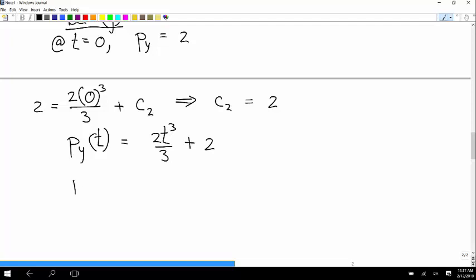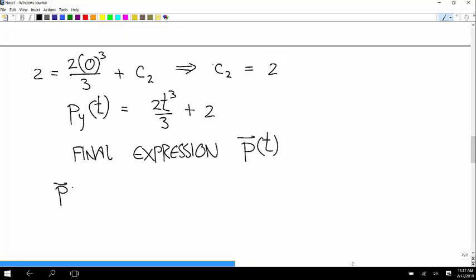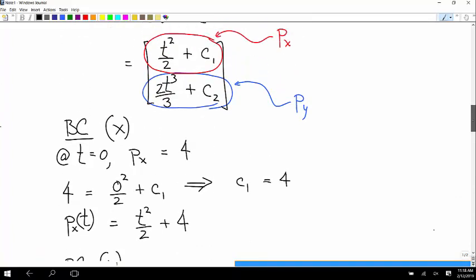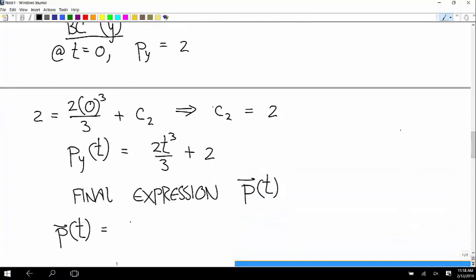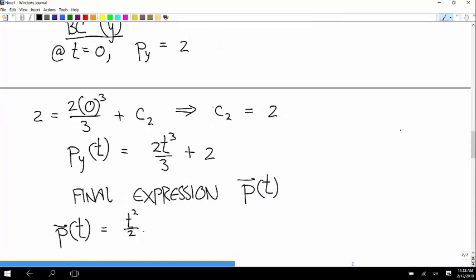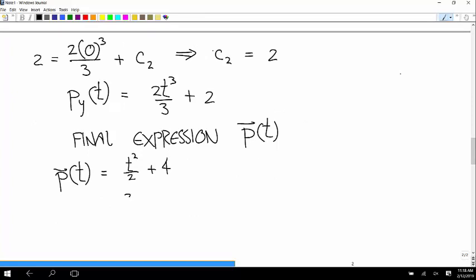So the final expression for the position vector as a function of time says p of t is equal to t squared over 2 plus 4 for the x component, and 2t cubed over 3 plus 2 for the y component.